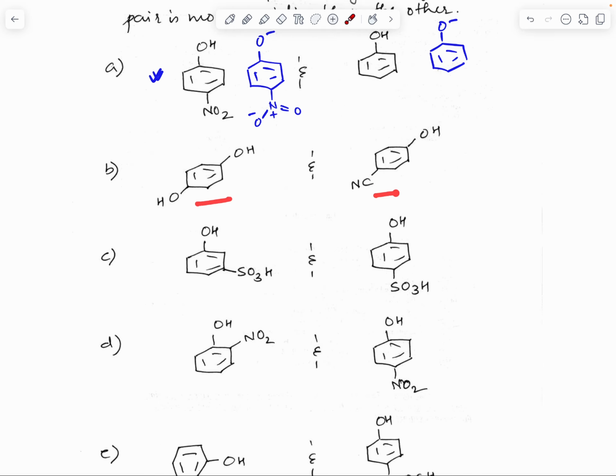In this one, again, we're going to adopt the same strategy. We're going to draw out the conjugate base. Since both of these are OHs, I'll just pull out one H, keep the other OH intact. In the case of this one, again, I'll pull out that, but then the CN is a different group, so I have to write it out like that.